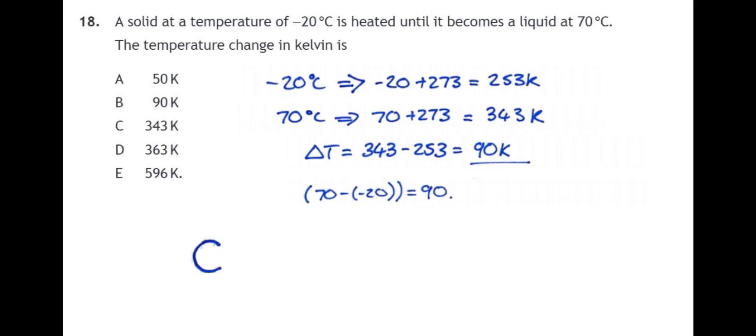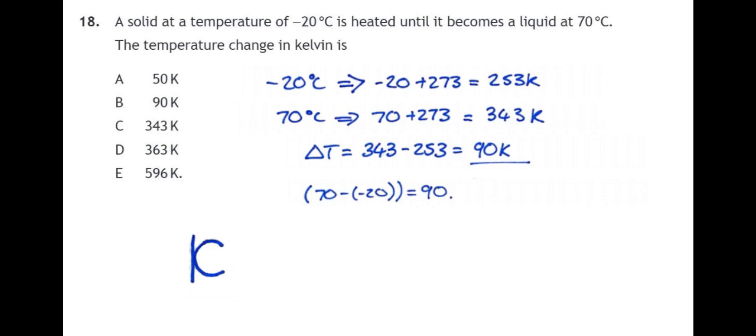Incidentally, if we want to change from Celsius to Kelvin, a nice way to remember is, if I write the letter C, and I want to change that letter C into something that resembles a letter K, I can add a vertical line to it.